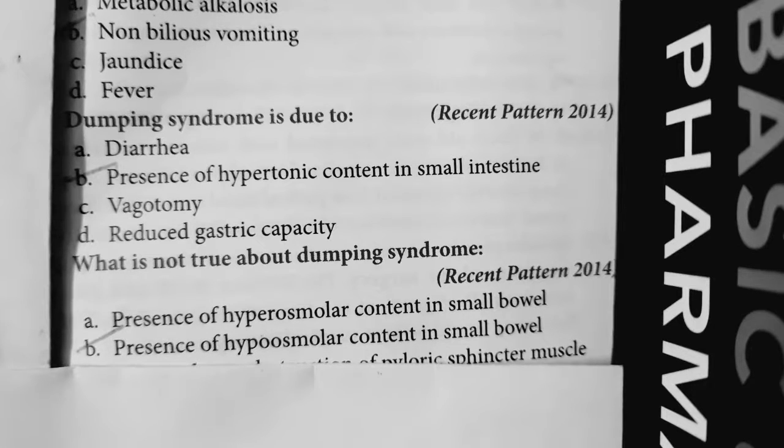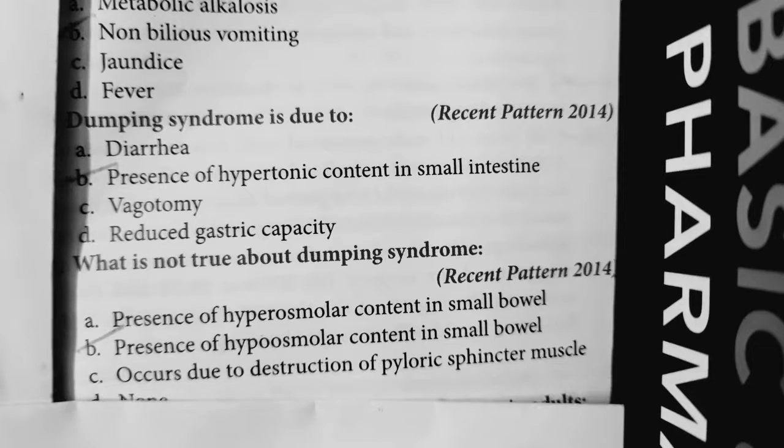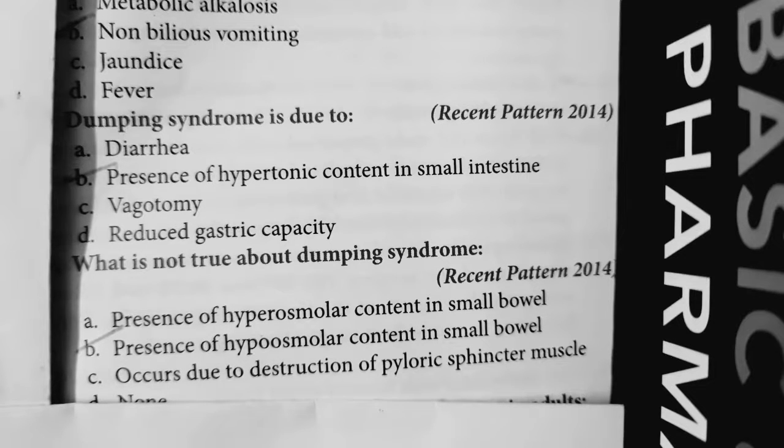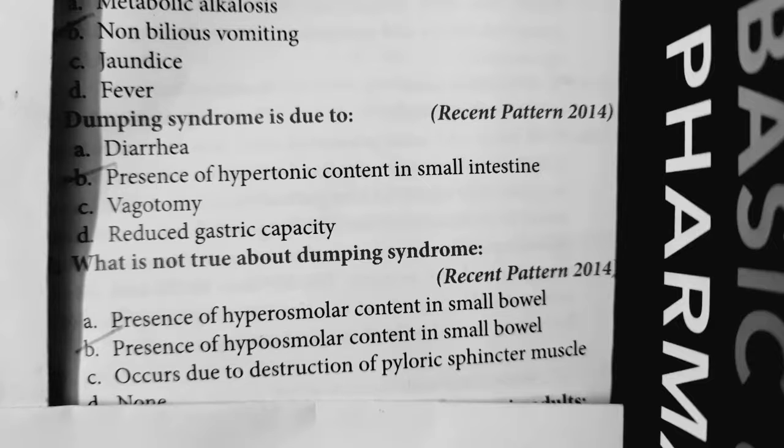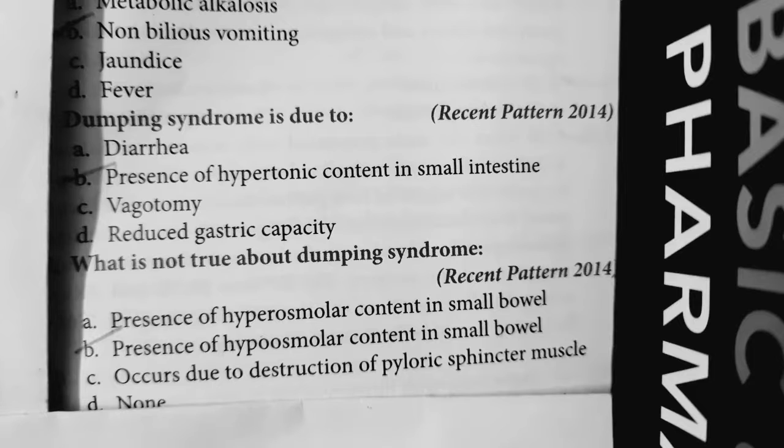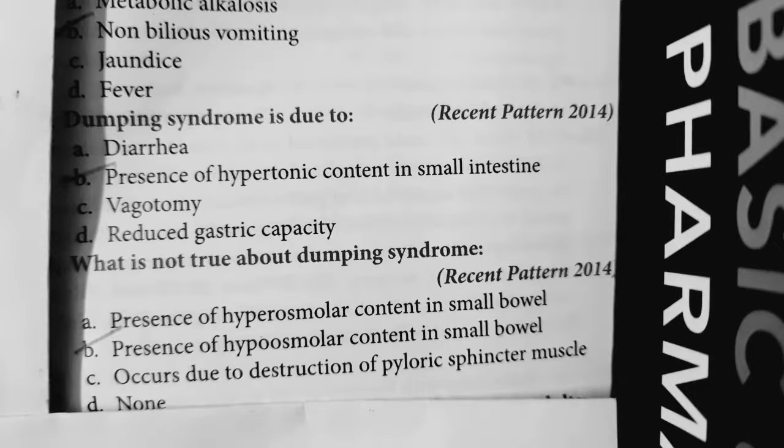Presence of hypoosmolar content is false, there will be hyperosmolar content in the small intestine. It occurs due to destruction of the pyloric sphincter muscle, true. Or you can say loss of pyloric sphincter is the main cause of dumping syndrome, that is due to gastrectomy.